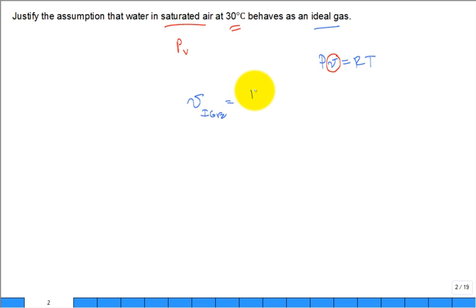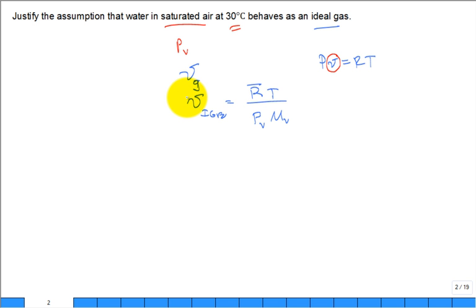That would be R bar T divided by the partial pressure of vapor in the moist air, times the molar mass of water vapor. You can calculate it assuming it behaves as an ideal gas, and then you can compare it with the specific volume out of the tables for the saturated vapor. Put v sub g out of the tables. If they compare, that's a pretty good justification.